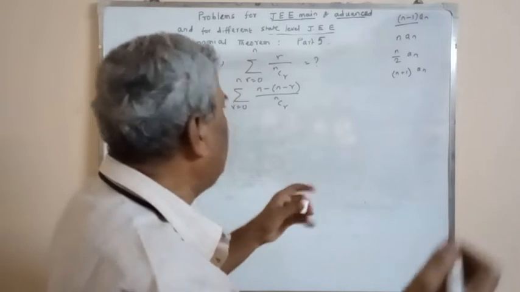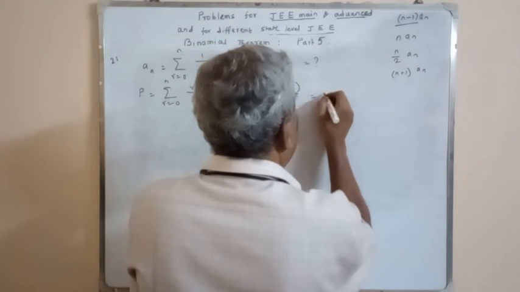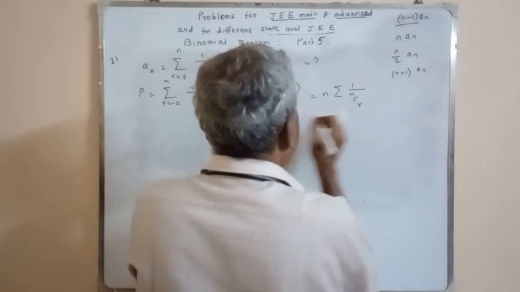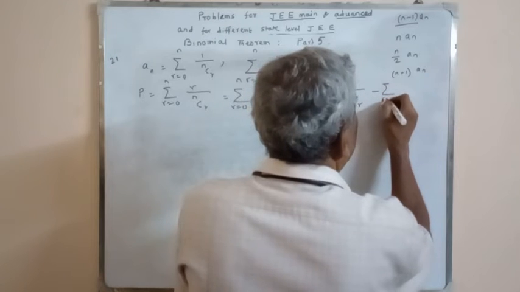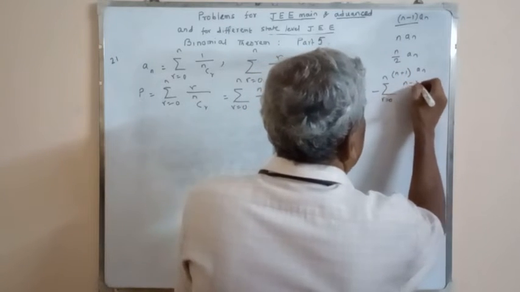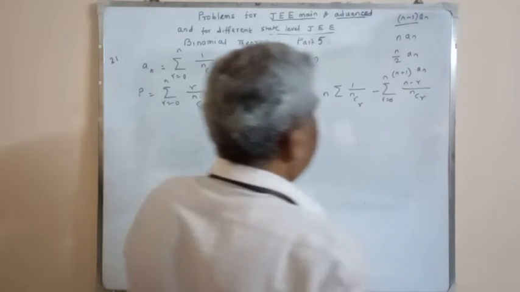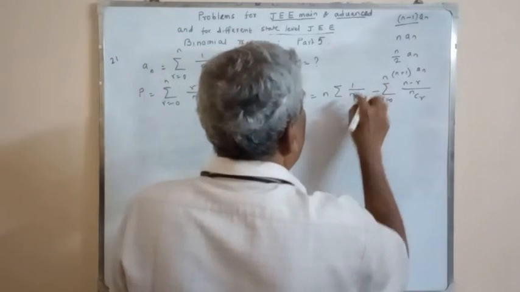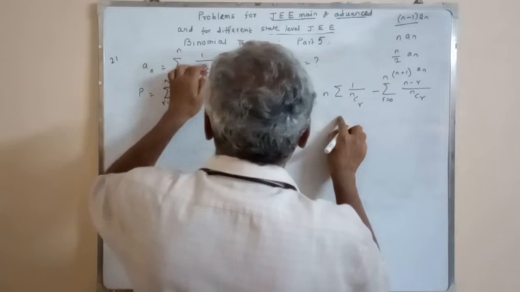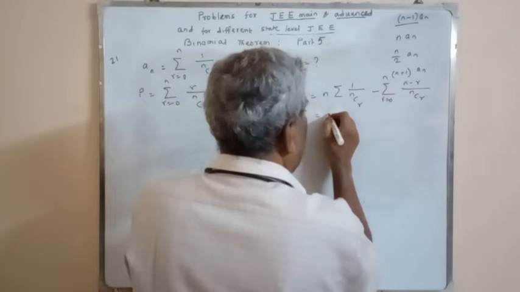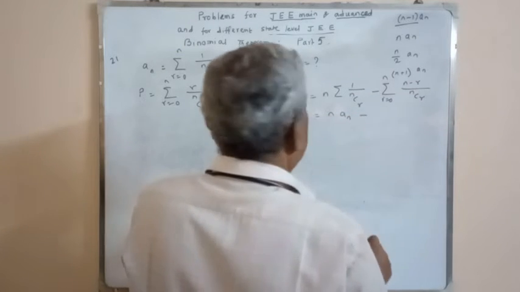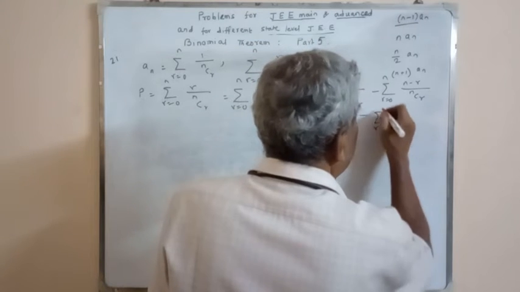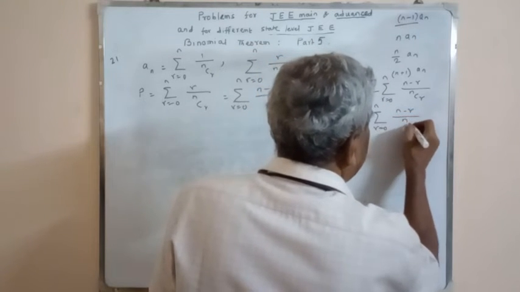It varies from 0, 1, 2, 3 up to n. So the first term is n into sigma of 1 by nCr, which is an, so it is n an minus sigma r is equal to 0 to n of r by nCr.